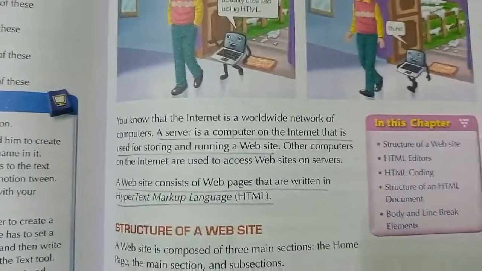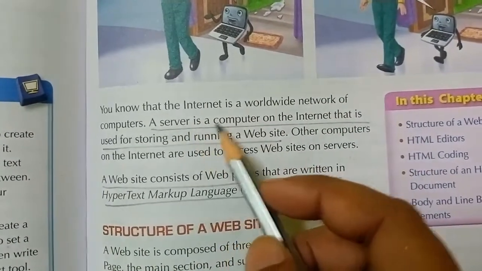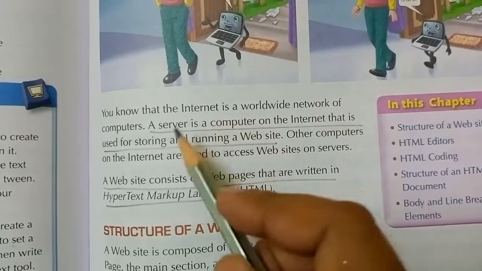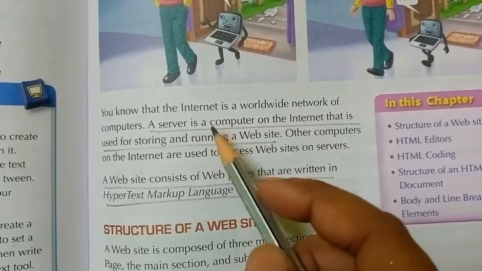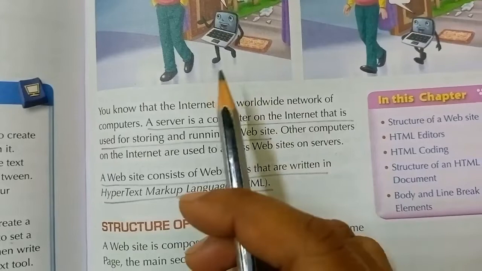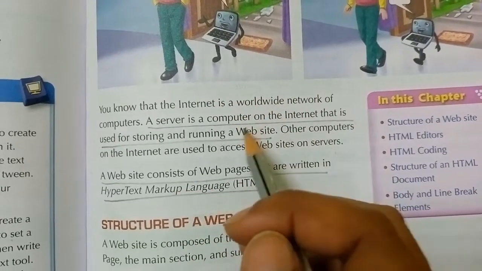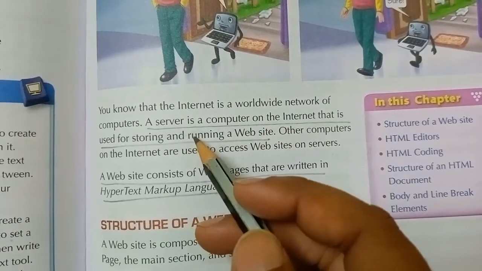What is HTML? So you know that the internet is a worldwide network of computers. A server is a computer on the internet that is used for storing and running a website. So what is server? Server is a very big computer, okay, which is located very far in any place. Okay, so it is a computer on the internet which stores our informations.